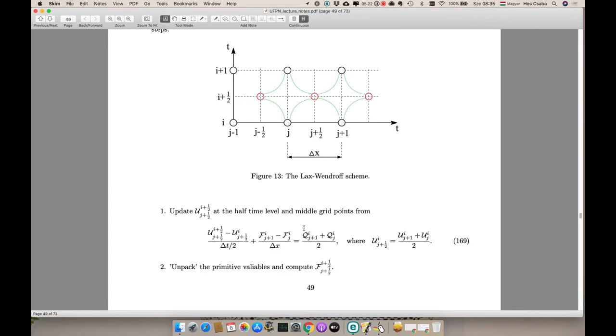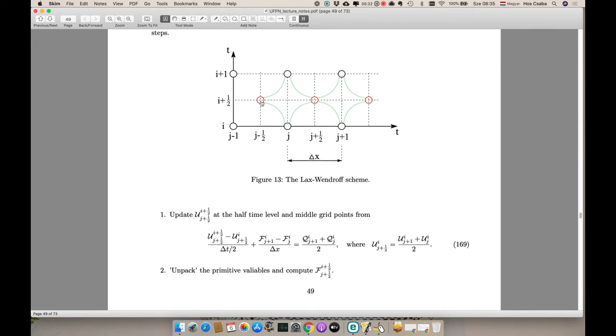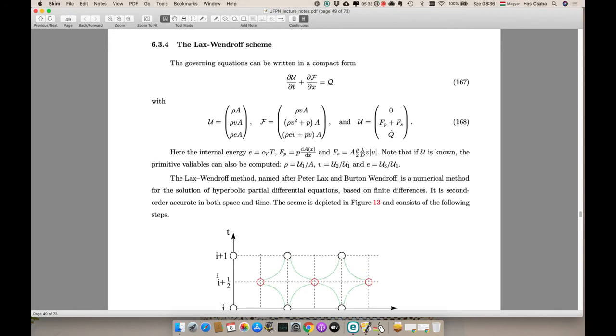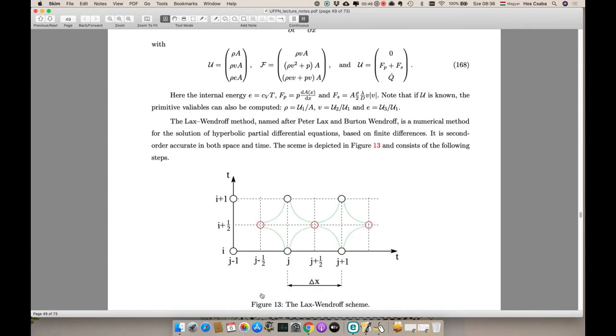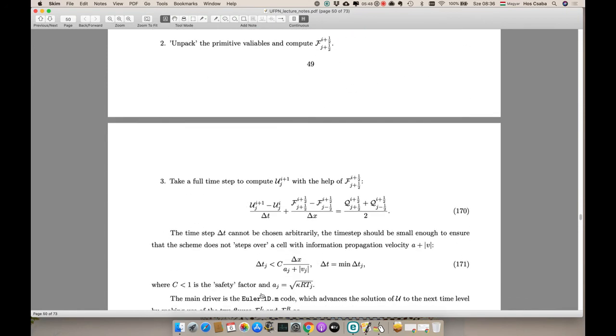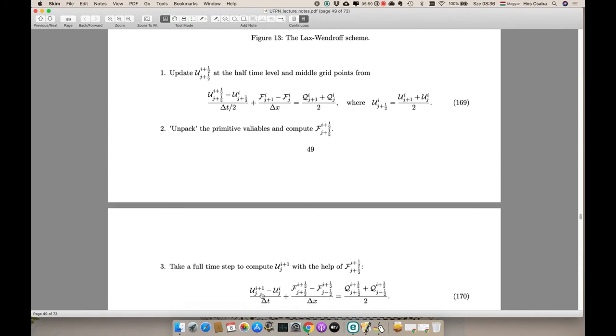Now at this stage I have the u vector at the new time level, and what I will need is the flux vector here. So there is a step where from the u vector you have to recover rho, v, and e and build the flux vector at this point. And then the main step comes.